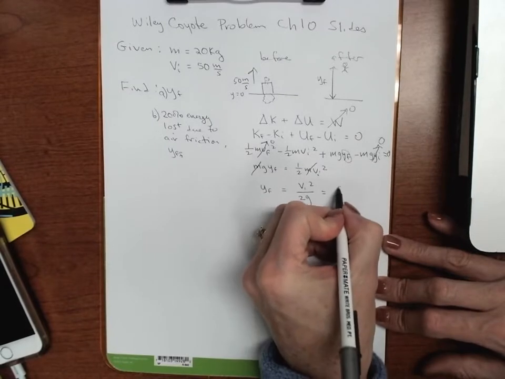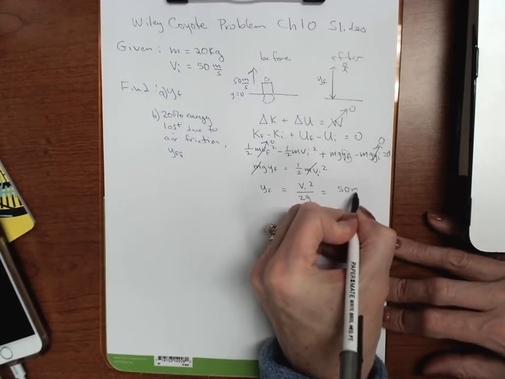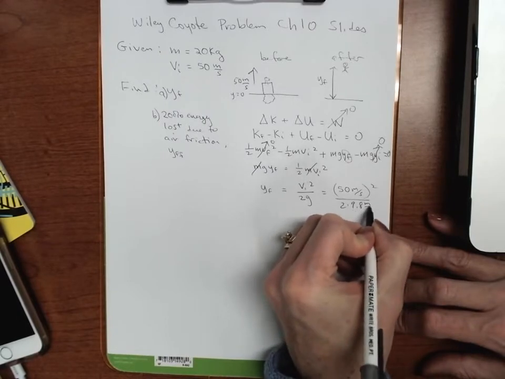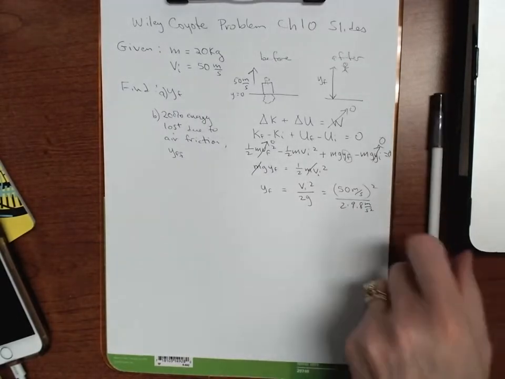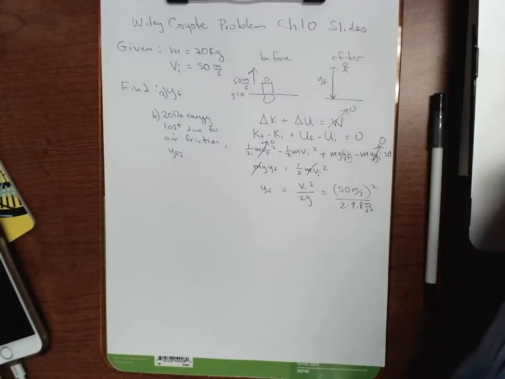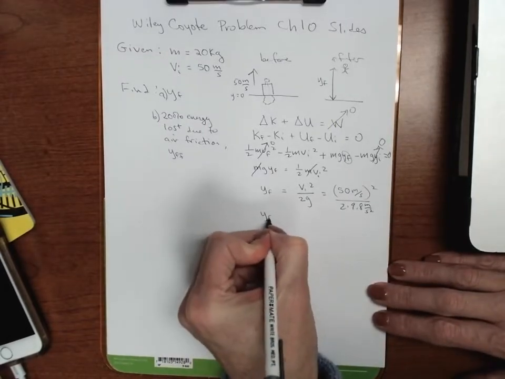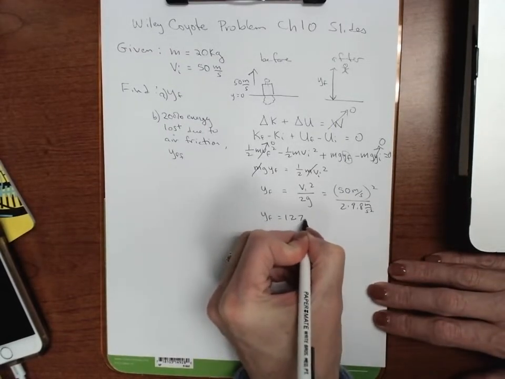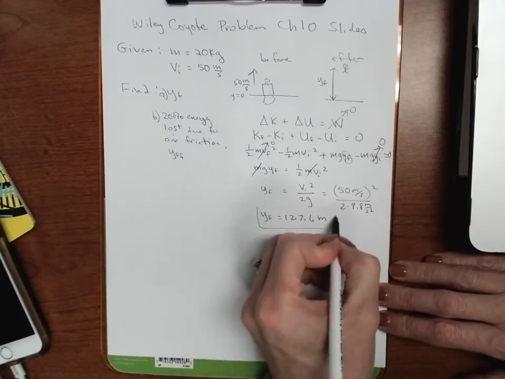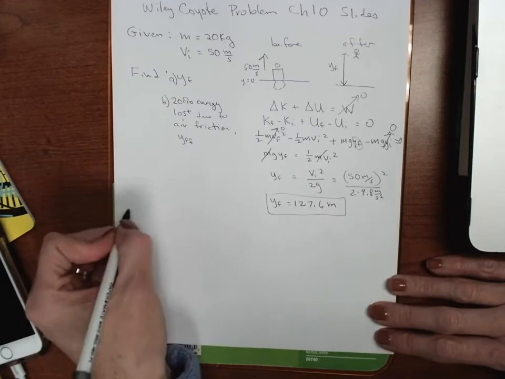So if I plug in, I'm going to have 50 meters per second squared over 2 times 9.8 meters per second squared. And to calculate that, I'm going to have 50 times 50 divided by 2 times 9.8. And I get y final is equal to 127.6 meters. So that's my part A, and now for B.